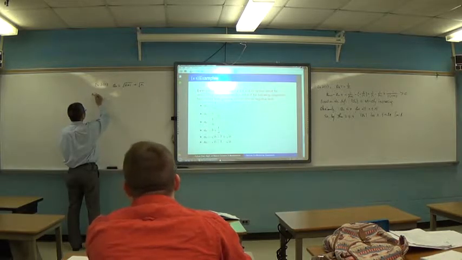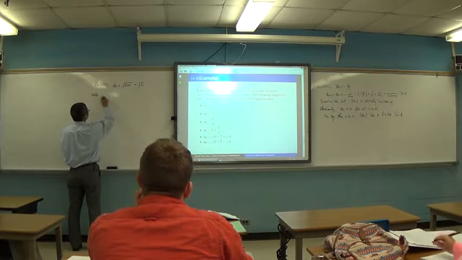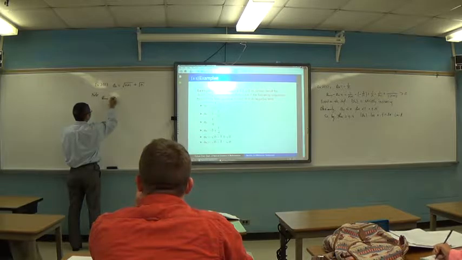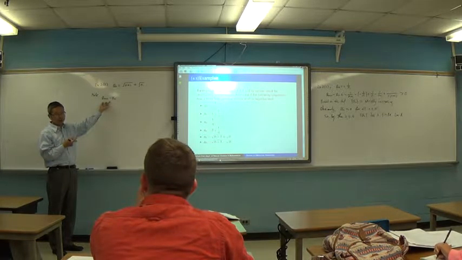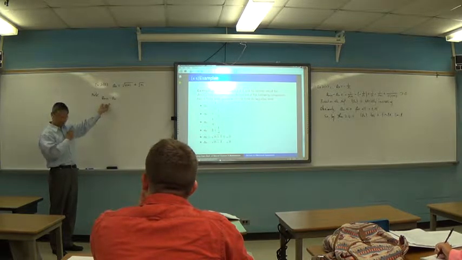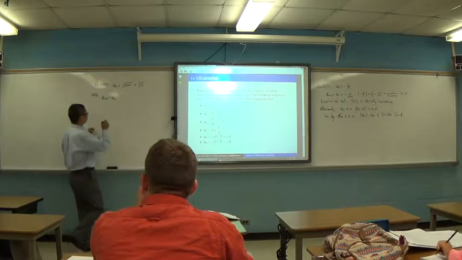Note a_{n+1} minus a_n. If this one is greater than 0, it means increasing. If it's less than 0, it means decreasing. Now let's see if it's positive or negative.